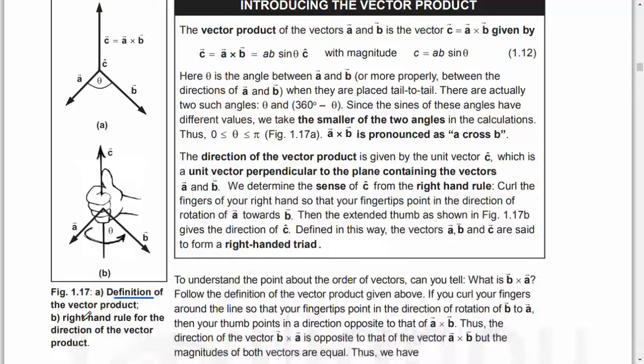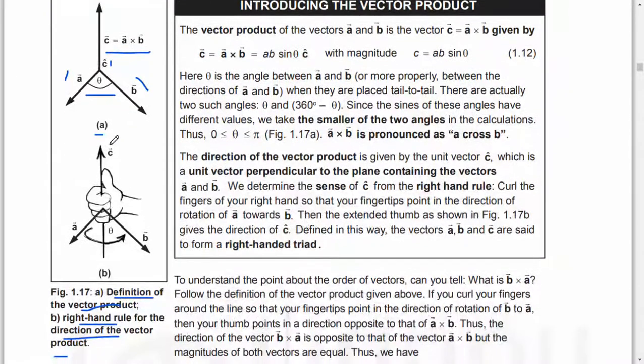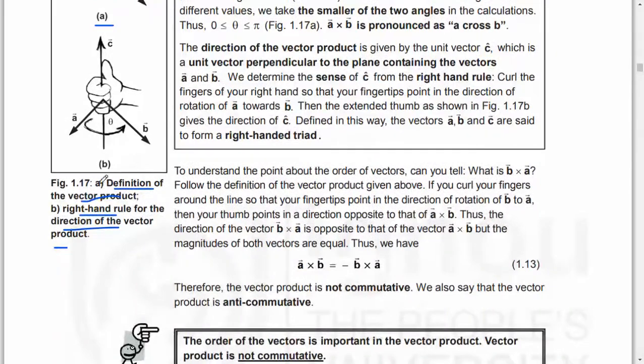Definition of the vector product, right-hand rule for the direction of the vector product.